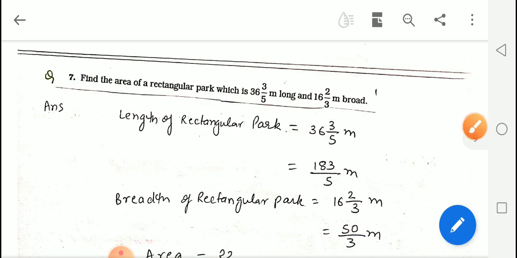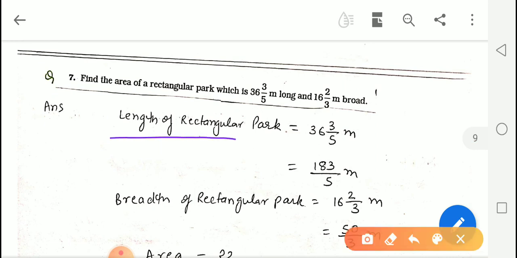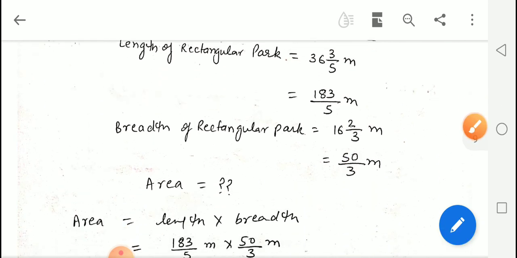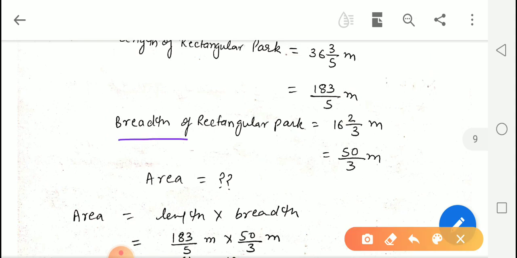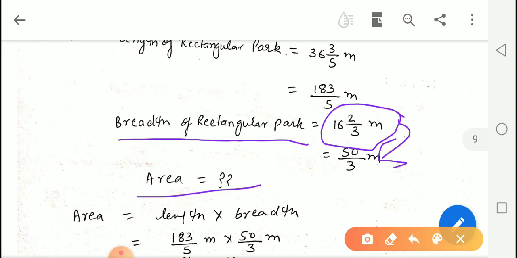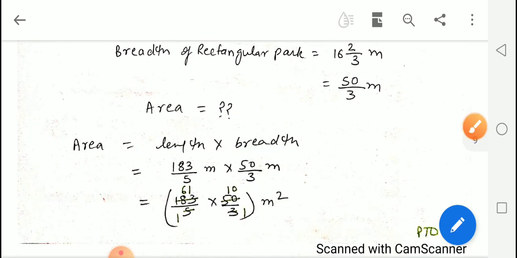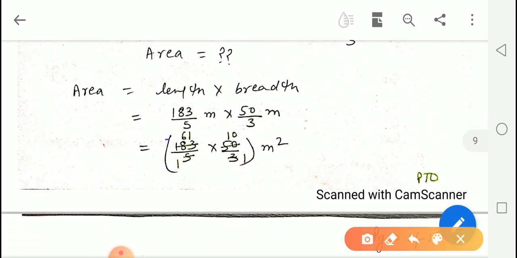The length of the rectangular park is given as 36 3 by 5 meter. We will convert this into an improper fraction. Now the breadth of the rectangular park is this much. We will convert this into an improper fraction as well, and we have to find the area, and area is length into breadth. So we will multiply length into breadth like this: 183 by 5 meter multiplied by 50 by 3 meter.